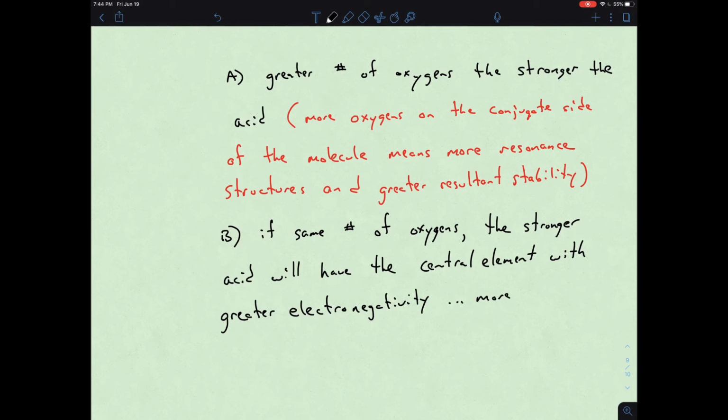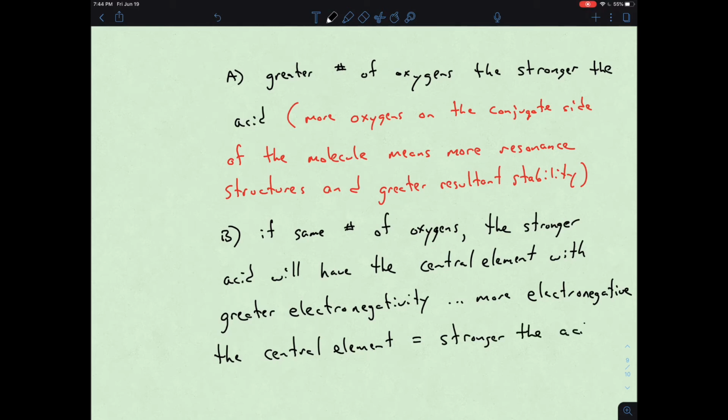So the more electronegative the central element, that equals the stronger the actual acid.